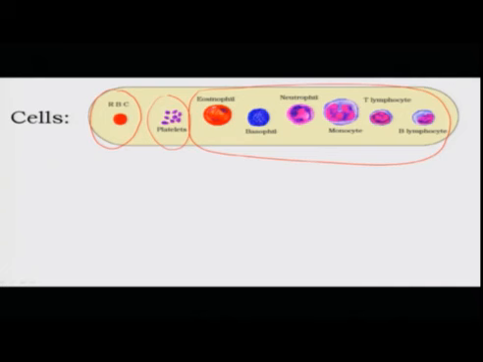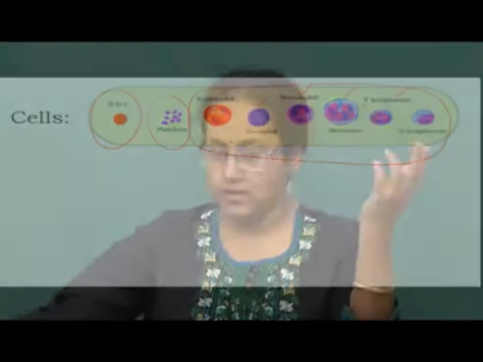So, we have eosinophils, basophils, neutrophils, and we also have monocytes and lymphocytes, which are of two kinds, T lymphocytes and B lymphocytes. Now, one by one we will look at what each of these cells are required for in the blood and what their normal function is.